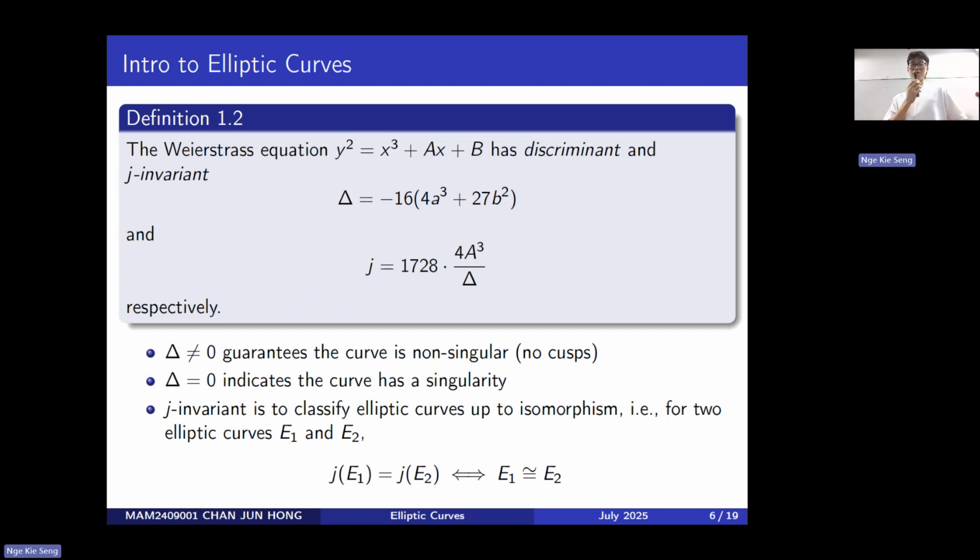This discriminant guarantees that the elliptic curve is non-singular, so it doesn't have cusps or overlapping spots. If it equals 0, it indicates that the curve has a singularity. The J invariant is used to classify elliptic curves up to isomorphism: two elliptic curves that have the same J invariant are isomorphic to each other.